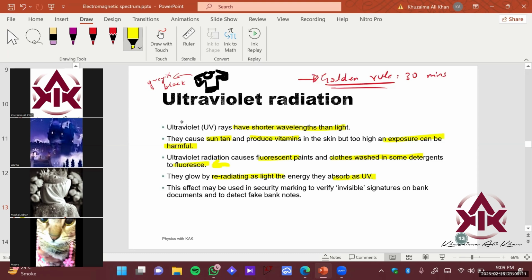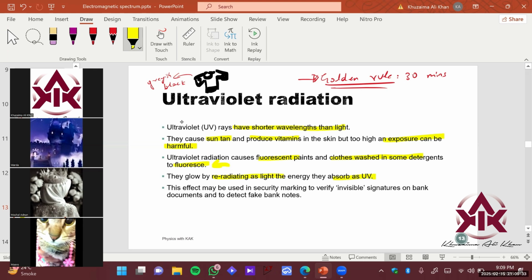So if the UV light is incident on your t-shirt, it causes the particles to again start to re-radiate, because already light is hitting on them, but we have extra UV light, which is harmful if we are exposed for a long amount of time. That can lead to decolorization of your color over here, right?